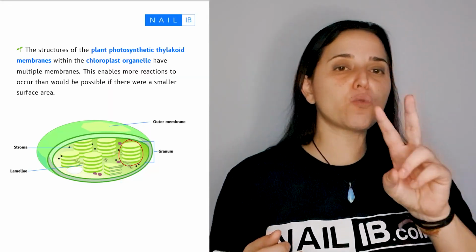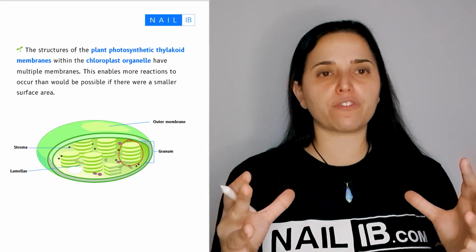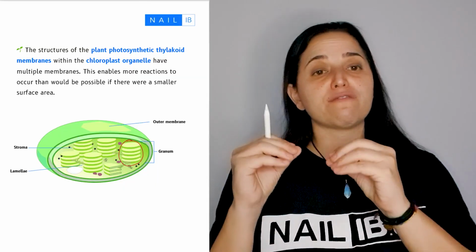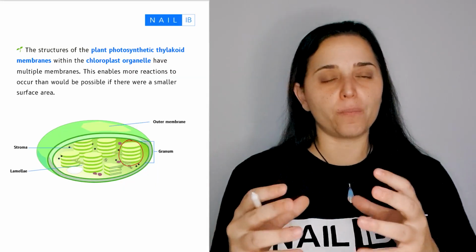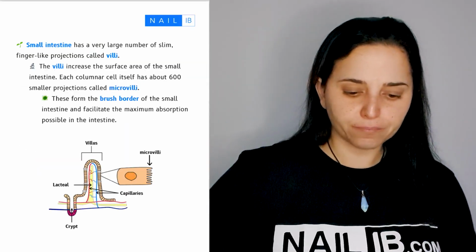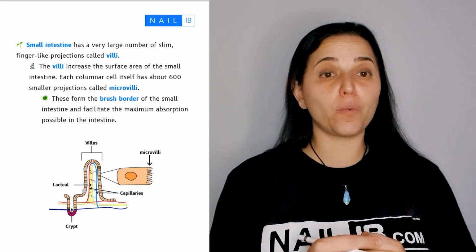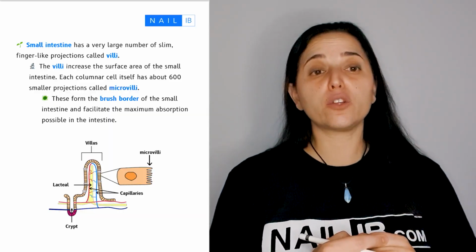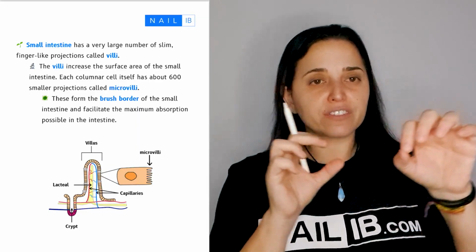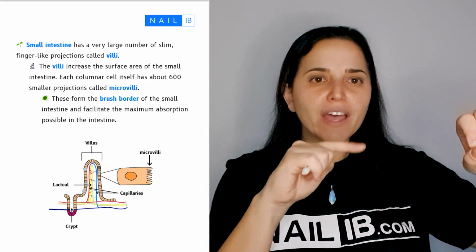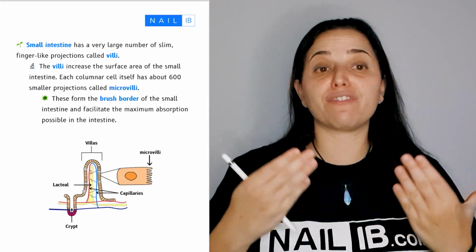So as we saw, there are two ways to increase that surface area to volume ratio, right? One was flattening the cell, another one was invaginating, folding the cell. These are two ways. Another one that we have here is the small intestine. It's another one that is invaginating. If you look at the inside of the tube of a small intestine, you'll see that it also has these foldings, and these foldings are known as villi.